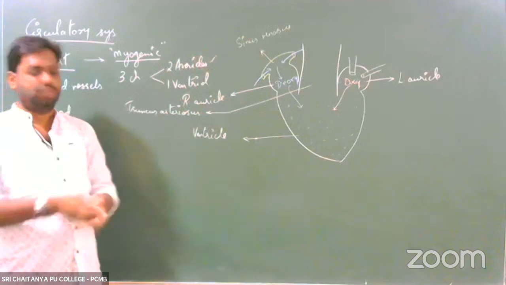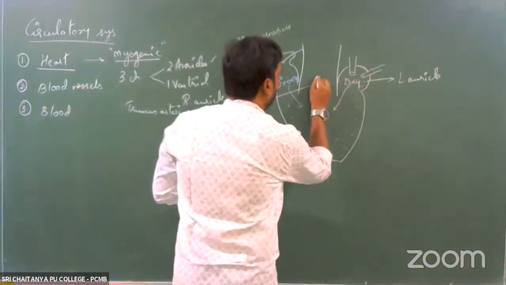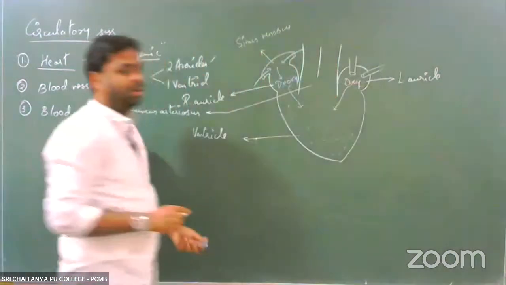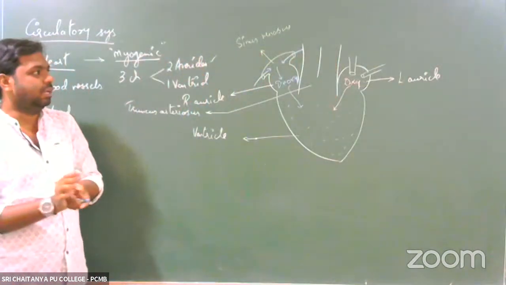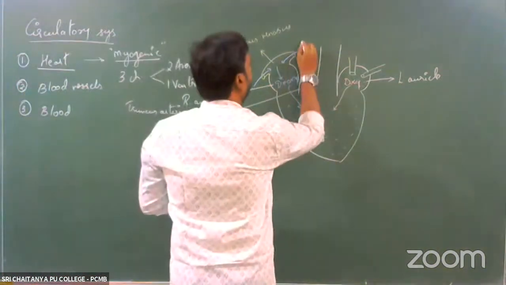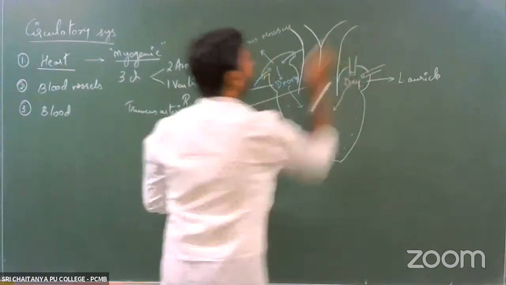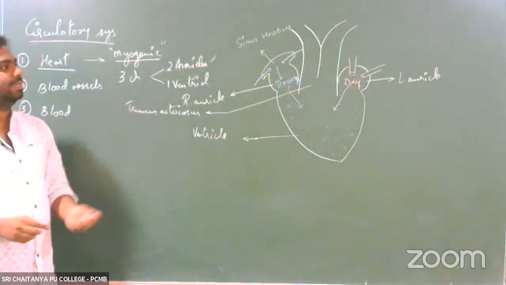Right? Now, from the inner side of this truncus arteriosus, there would be a partition which would divide it into two larger vessels. One vessel would go this way, and the other vessel would come out like this. So what exactly is happening?